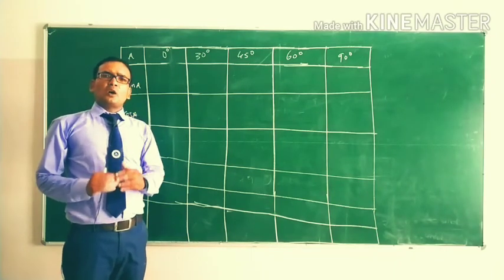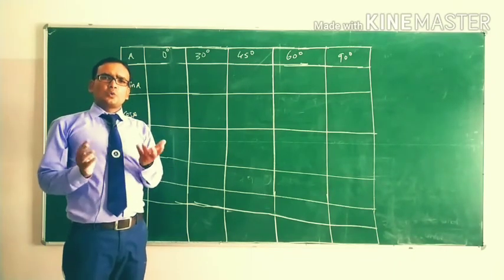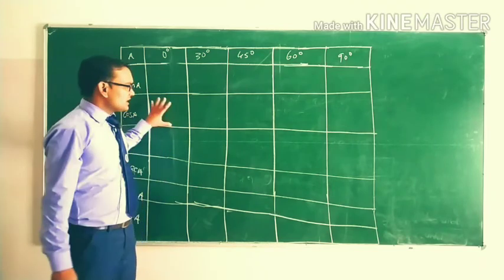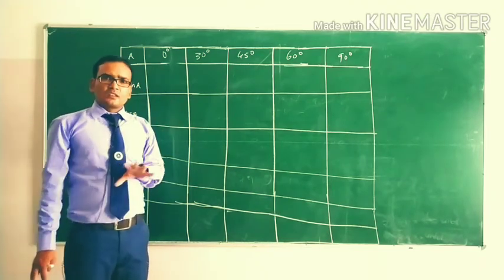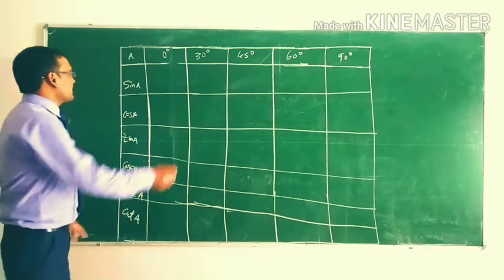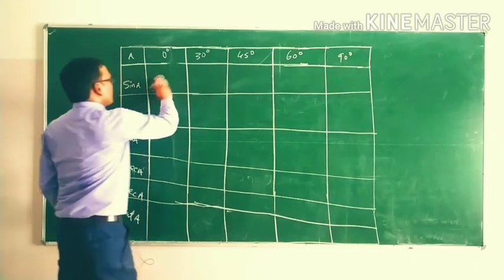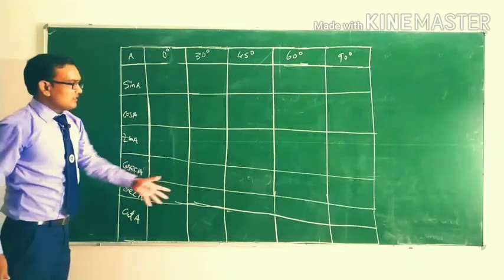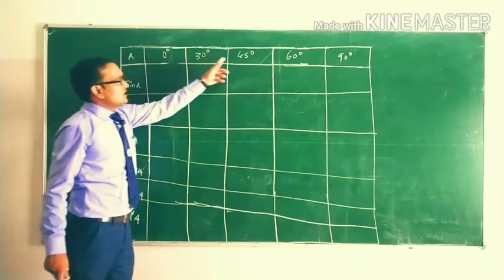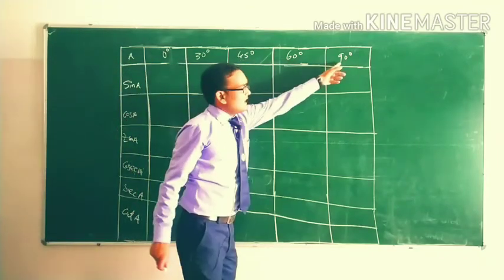But how do you remember these values? For this technique we make a table with 0, 30, 45, 60 and 90.